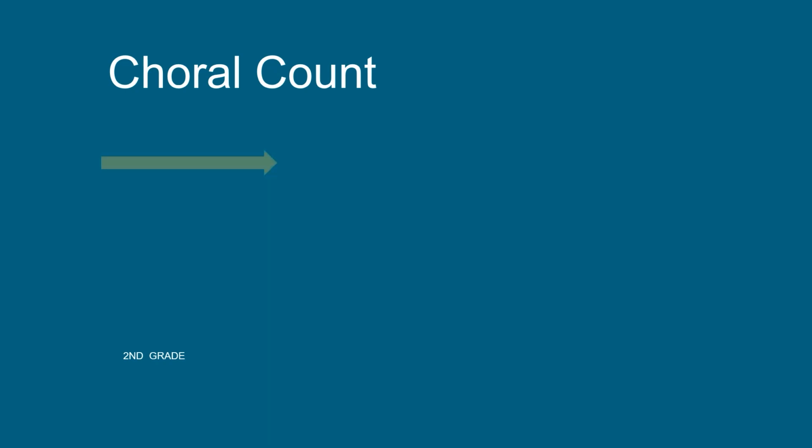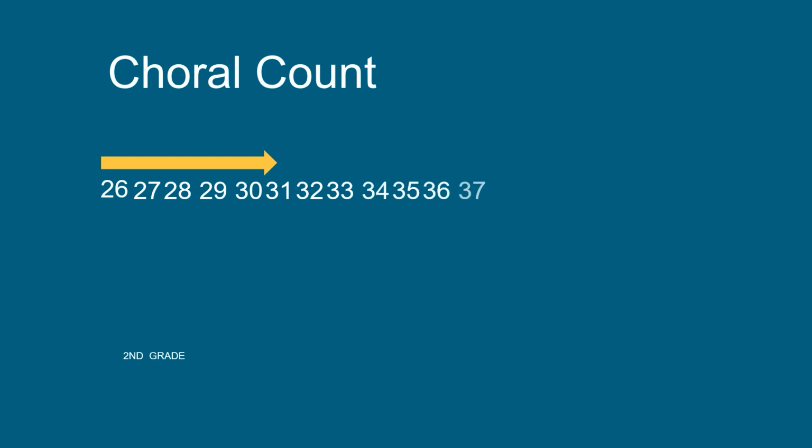We're at 26 and we're going to count forwards. Ready? 26, 27, 28, 29, 30, 31, 32, 33, 34, 35, 36, 37, 38, 39, 40, 41, 42, 43, 44, and stop right there.